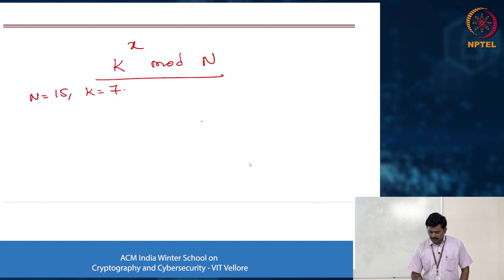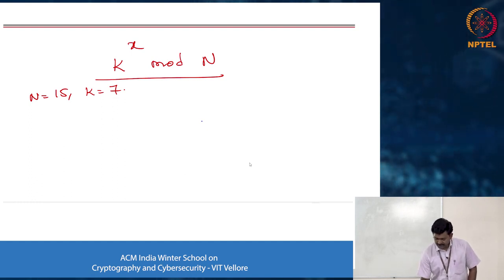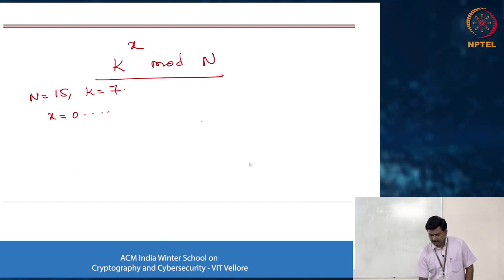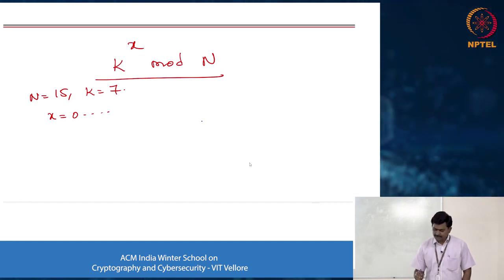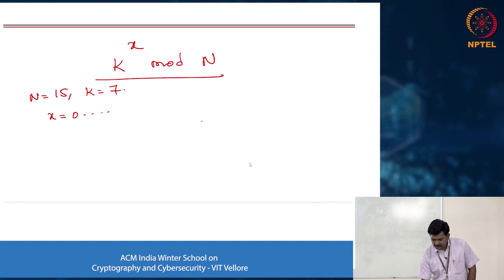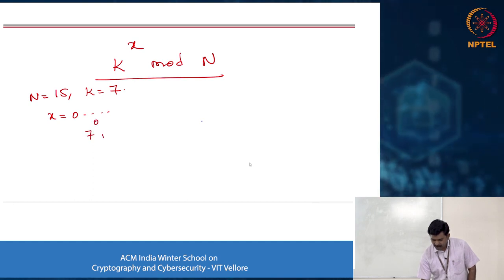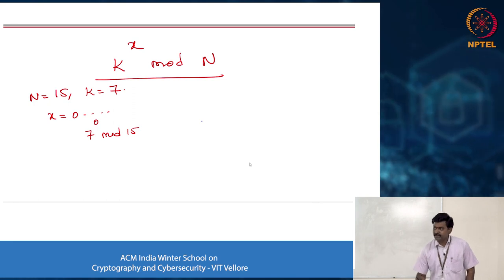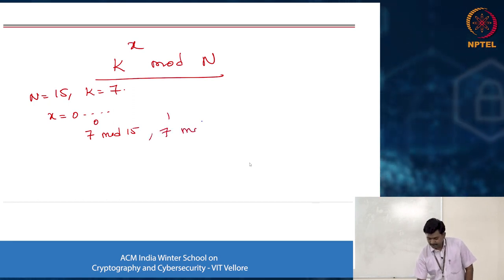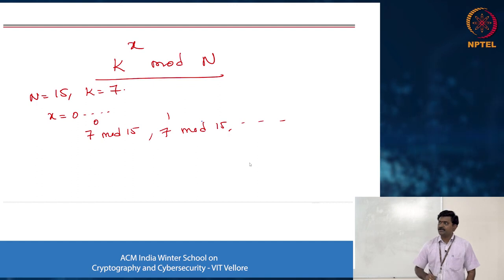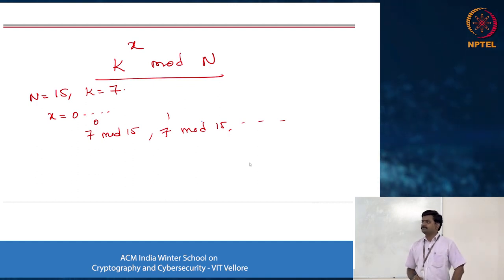Now look at this particular case. I am trying to solve it for x equal to 0, and so on. What happens when I give x values ranging from 0 and so on? When x is equal to 0, 7 power 0 mod n, where n is 15, and it goes on.